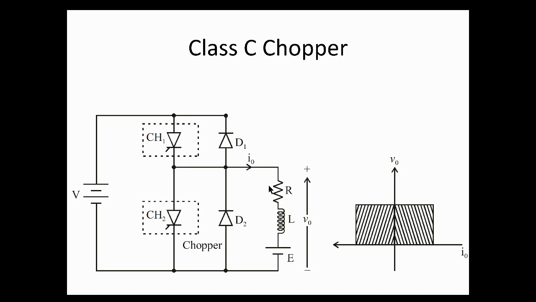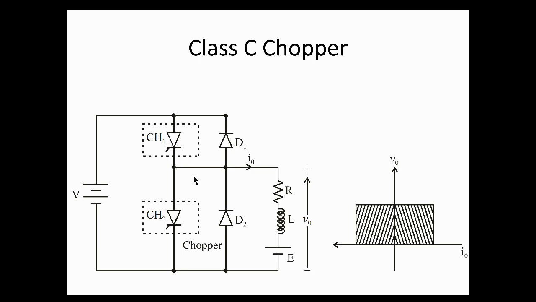So the output voltage is going to be V. It's positive, but the current is now negative because it flows in the opposite direction. And so power is basically flowing from the load to the source.